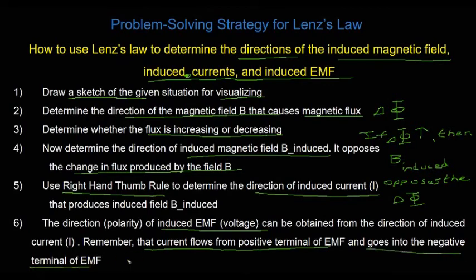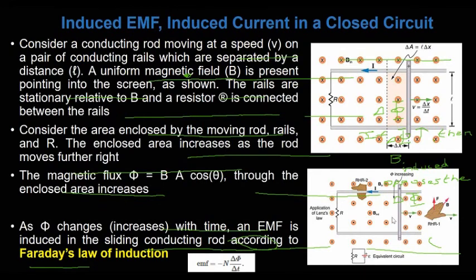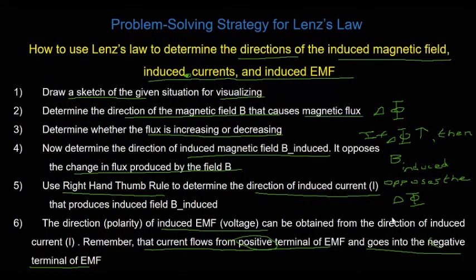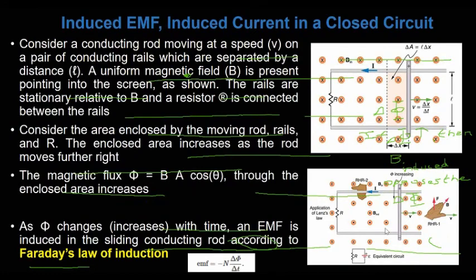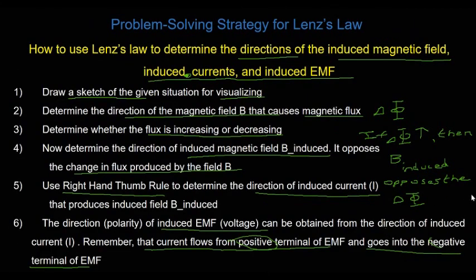And once you know the current direction, you can figure out the terminals, which one's positive and which one's negative. That's how you can use Lenz's law to figure out the directions of induced EMF, induced current, and induced magnetic field.